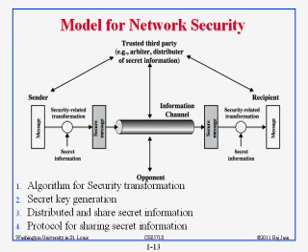And then the fourth person is the opponent. They might have some information. It is not shown here, but ideally they should not have any of this information, and that's where we have to protect. So there are four players: sender, recipient, trusted third party, and the opponent. Then we need four different things. We need an algorithm for the security transformation, so we need to decide how to do the encryption or however we transform it.